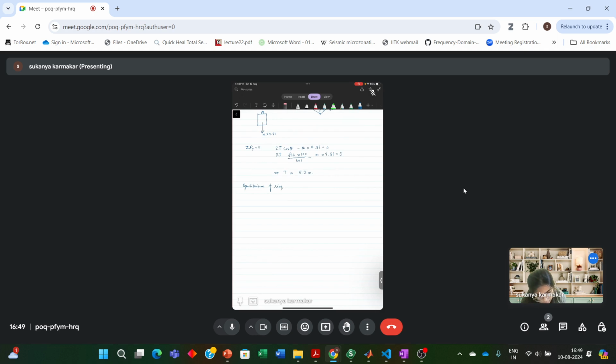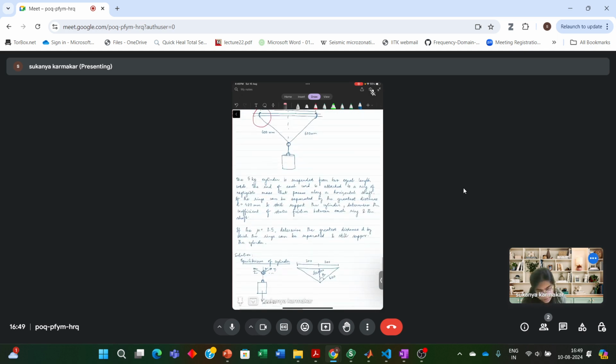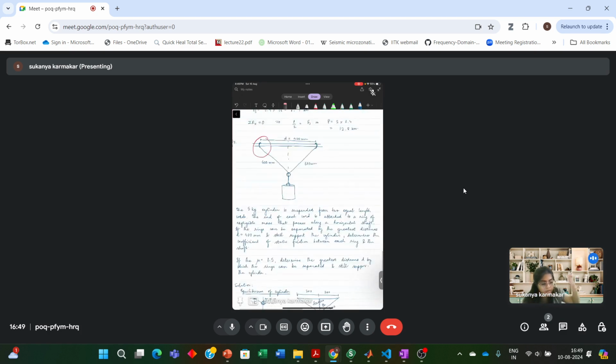So here, let's write down the equilibrium equation for this ring, let's do it for this.